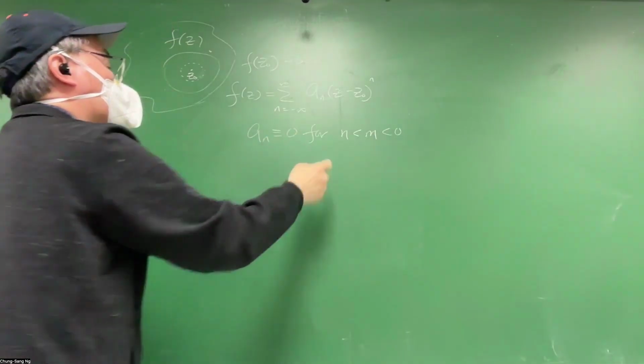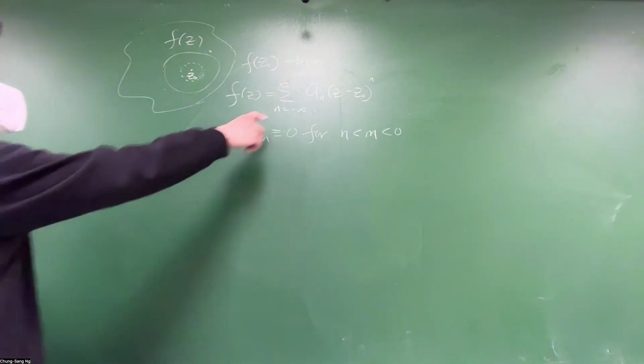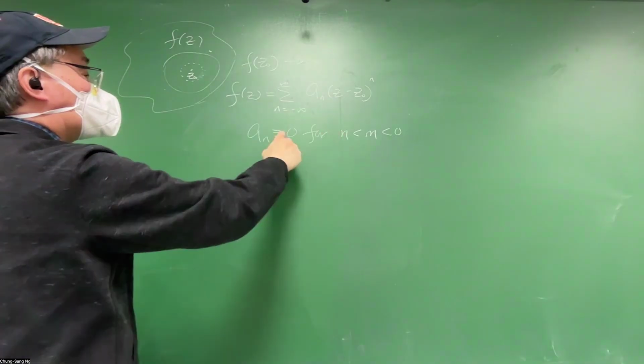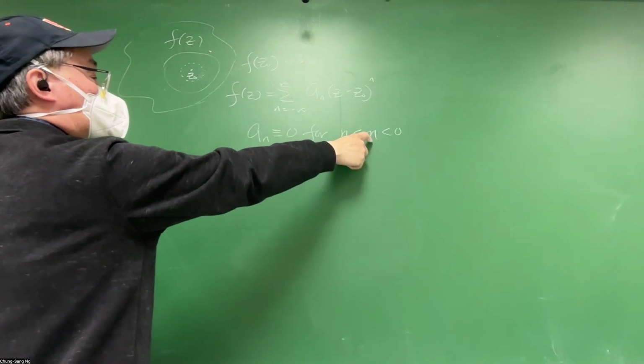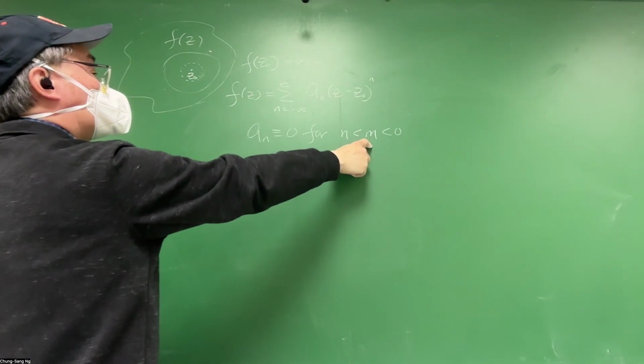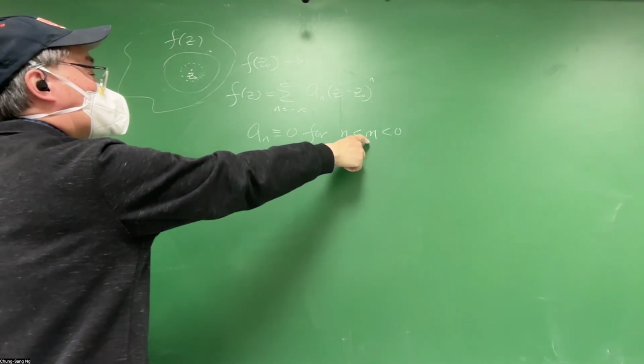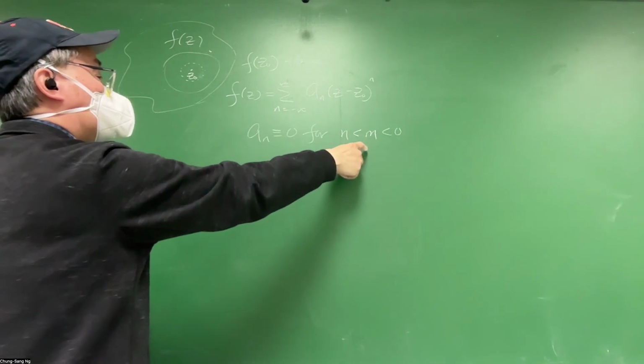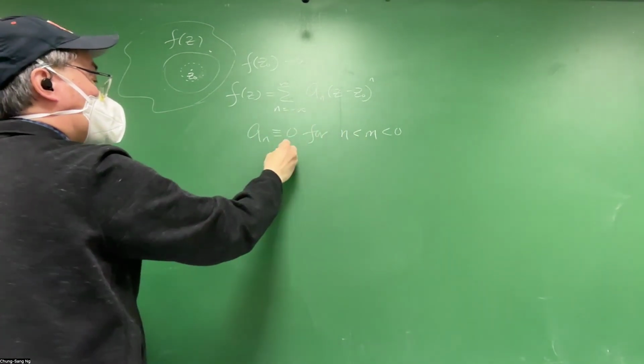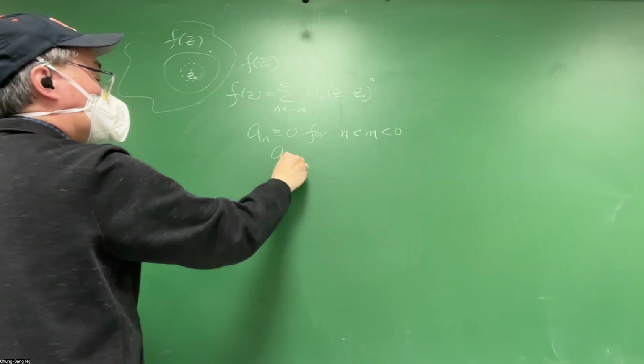If all this coefficient is 0 after a certain negative power term, then this singularity is of the order m. So like if the one that's non-zero is a -1, right?